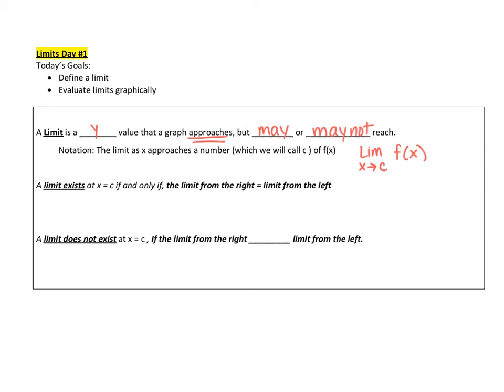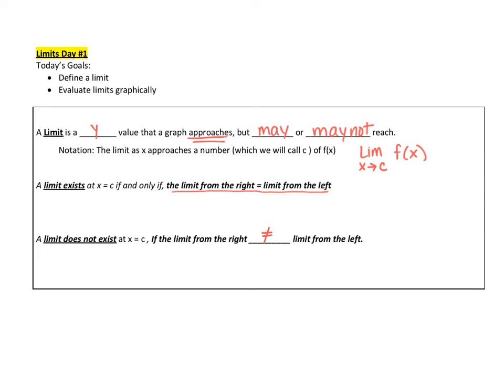Now another definition: a limit exists at x equals some constant if and only if the limit from the left is equal to the limit from the right. And then the other side, a limit does not exist at x equals c if the limit from the right does not equal the limit from the left.